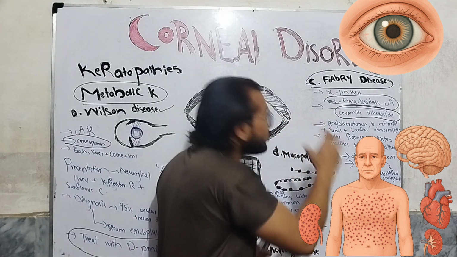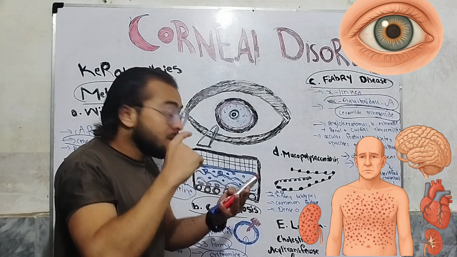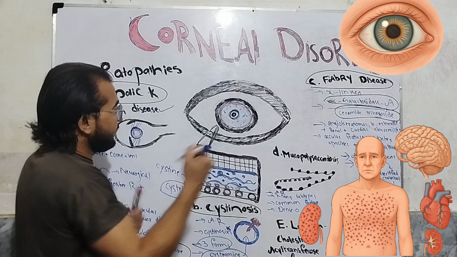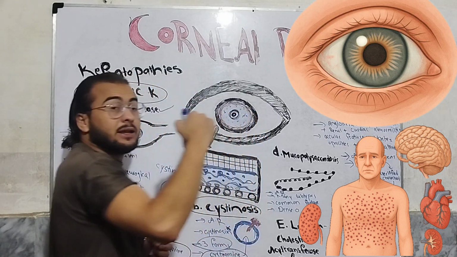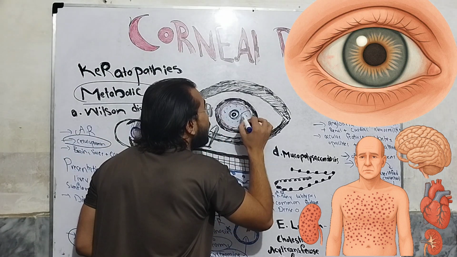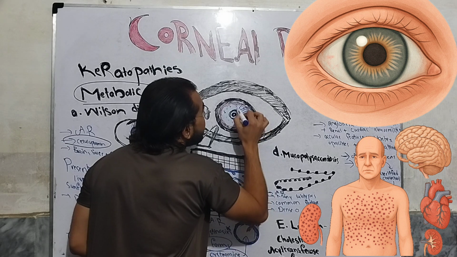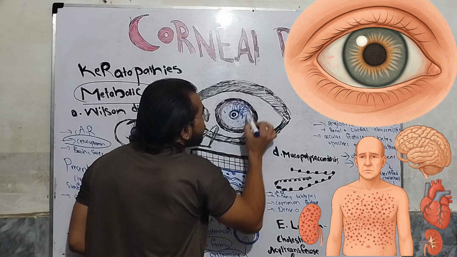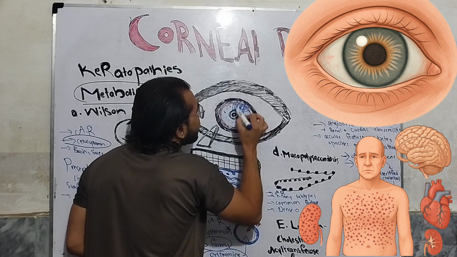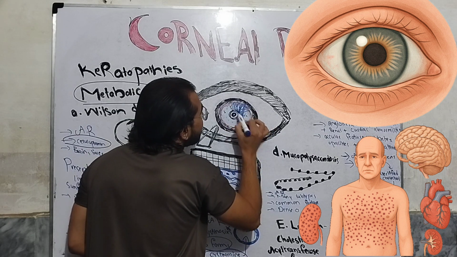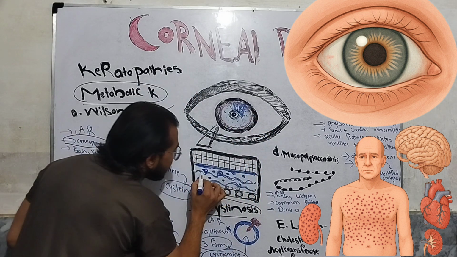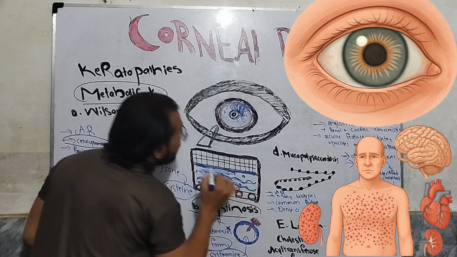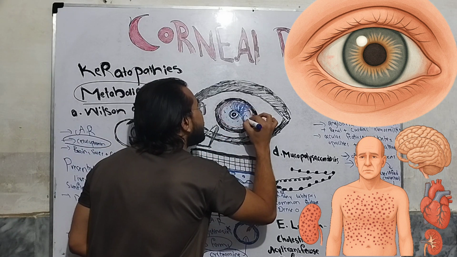Now when we take a look through the eye, there are some special types of opacities which are called vortex opacities. In the cornea there will be opacities in a vortex form, arranged in a special pattern due to the accumulation of the glycolipid.